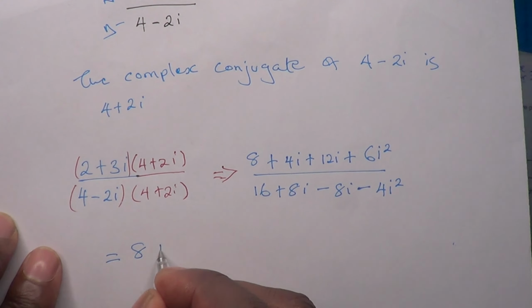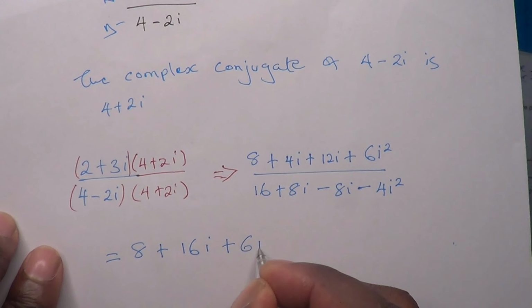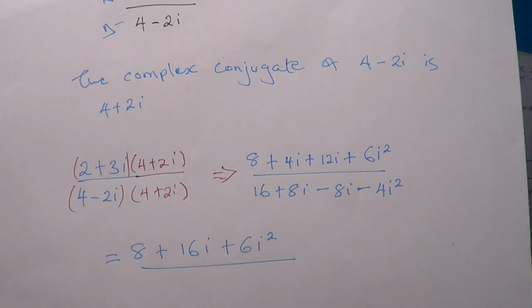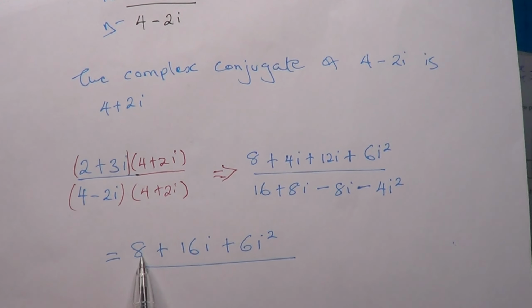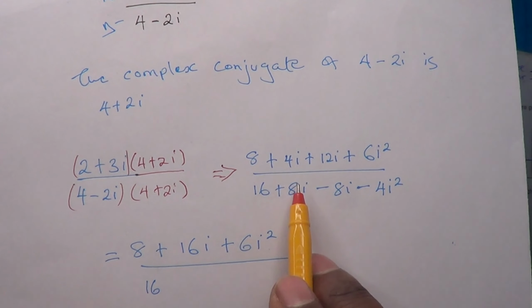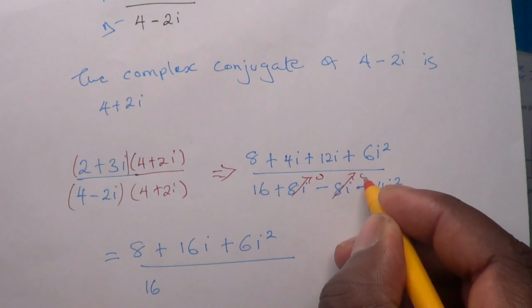That is 8 plus 4i plus 12i, we get 16i, plus 6i squared, over 16, then 8i minus 8i, they will give us 0.